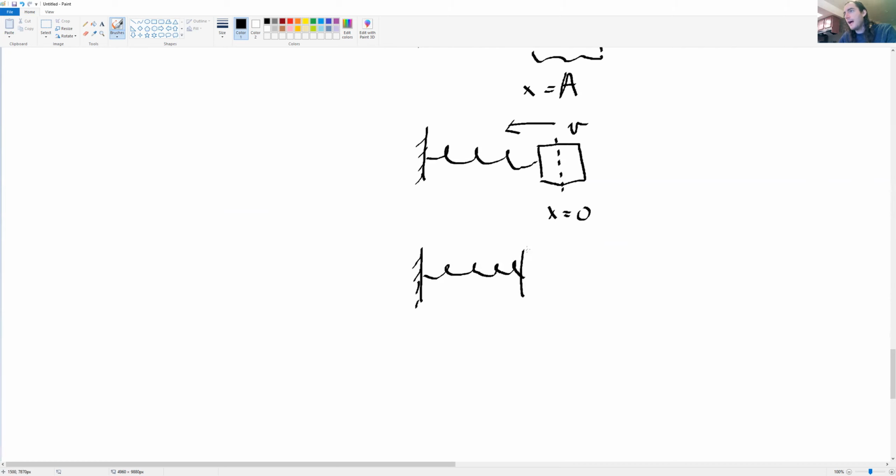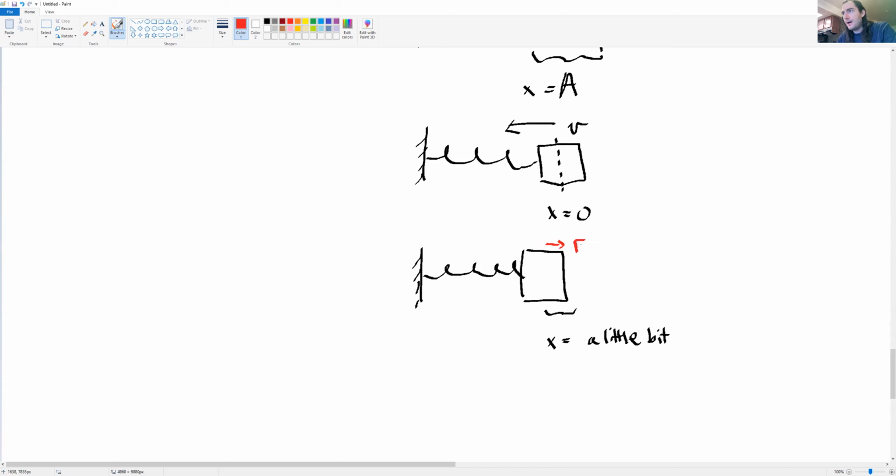And since it has velocity in that direction, it will begin to compress the spring, right? So let's look for a second at what happens when it just compresses the spring a little bit. X equals a little bit here. If it's compressed the spring a little bit, then there's a little force on it, right?